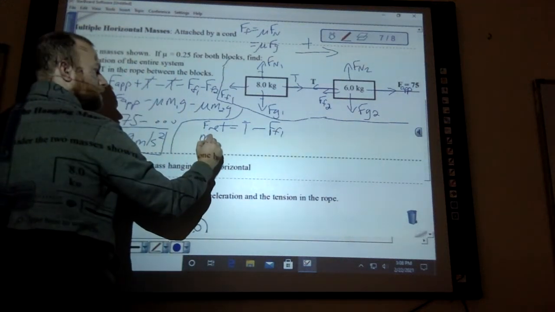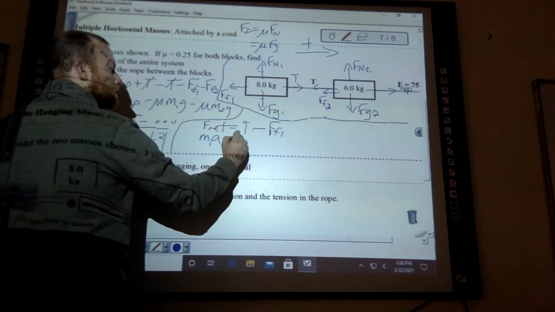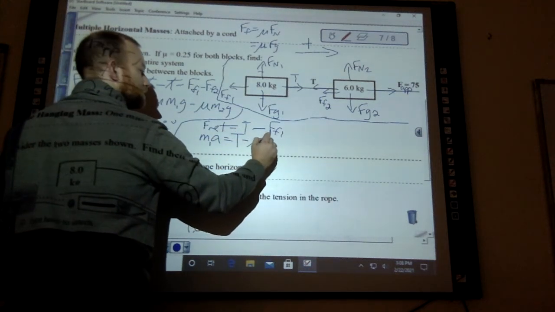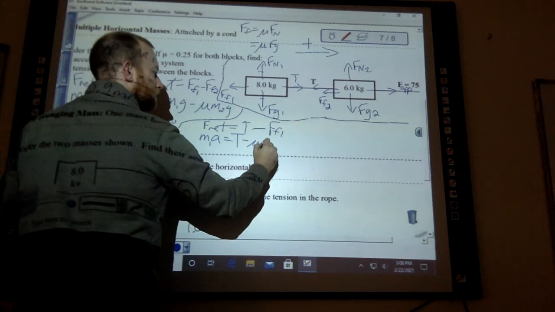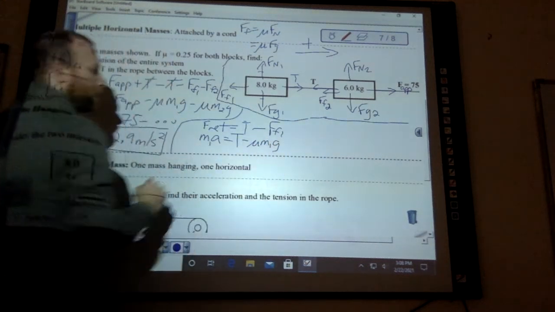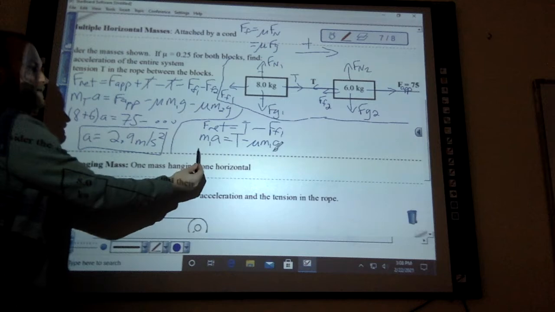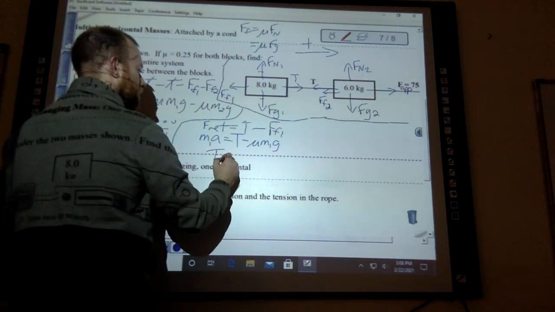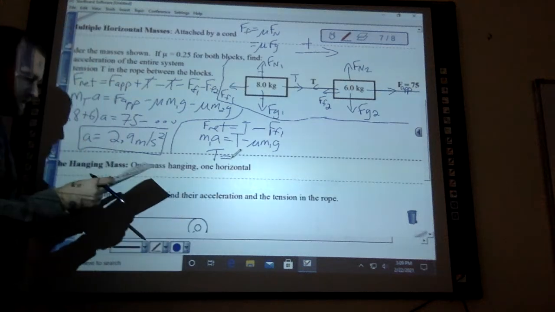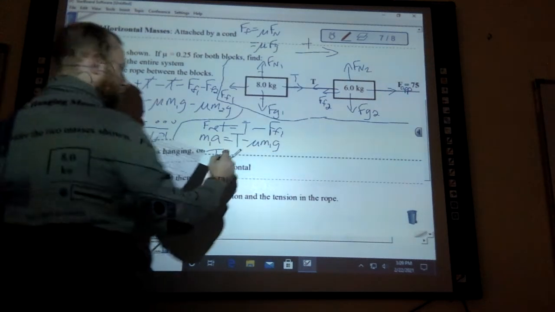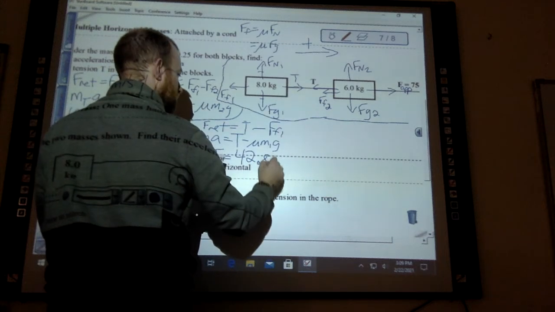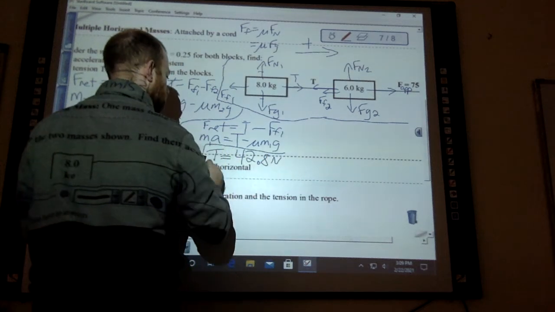So we got M1A equals tension minus mu M1G. And again, I have the mass, I have the acceleration, I have all these values. So I can go ahead and solve for this and get that T is equal to 42.8 newtons.